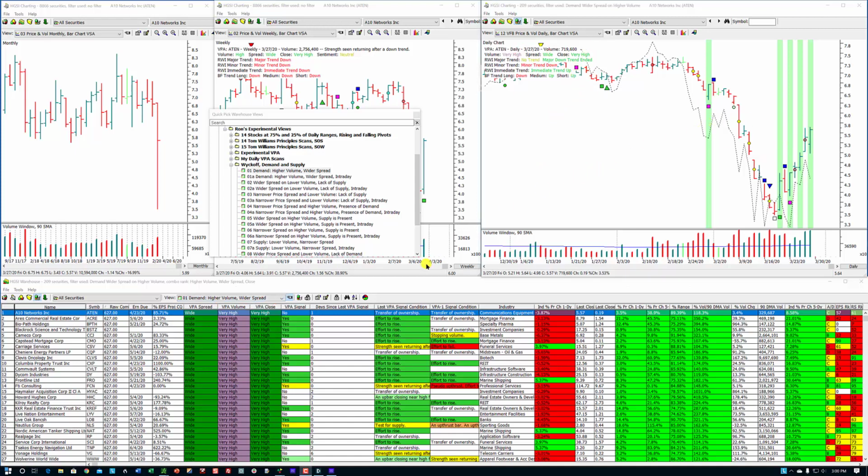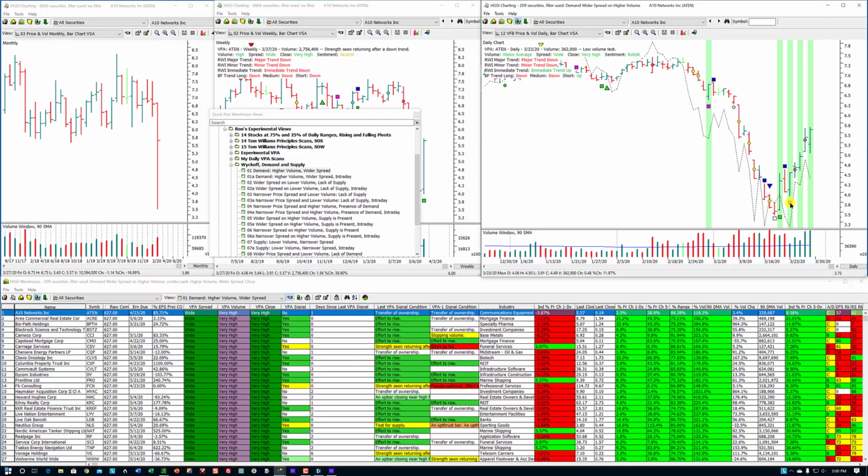Whenever these conditions are met here, and they're met or they wouldn't be passing the filter, we're going to get a green bar. So back here on this date, these same conditions were met. We also had a VPA flag, but what I'm looking to do with these original Wyckoff scans is to find the days when there is no VPA flag, but yet the conditions are met.